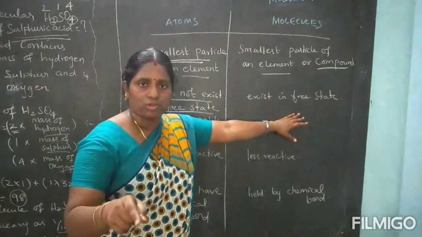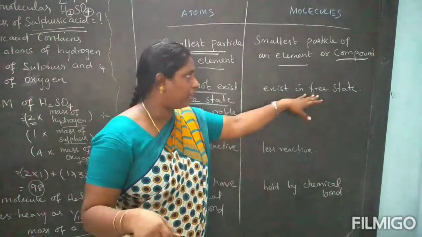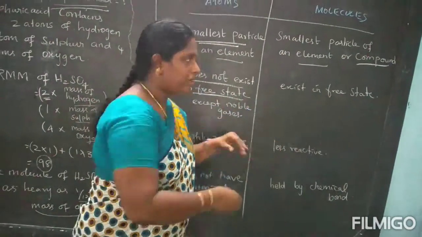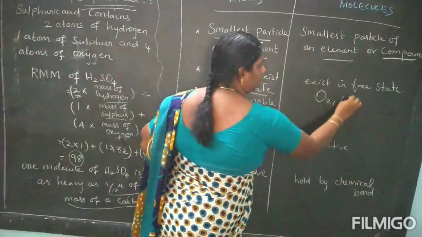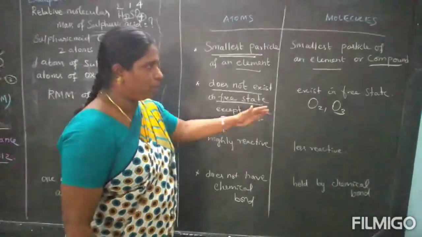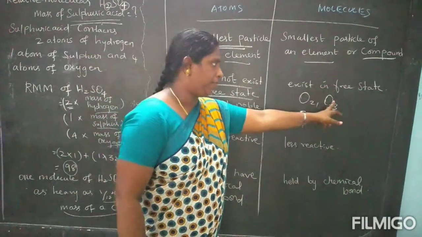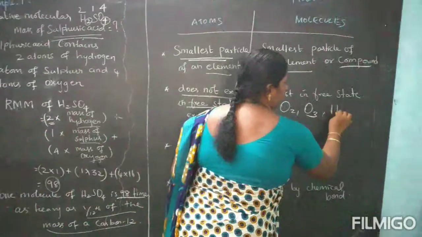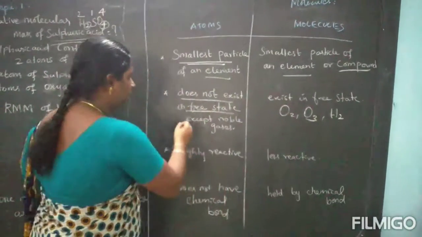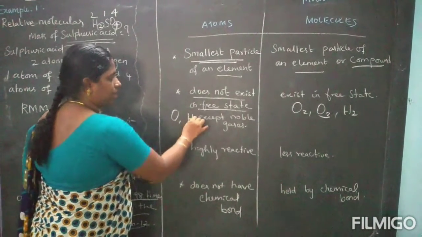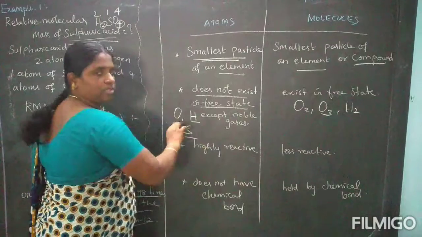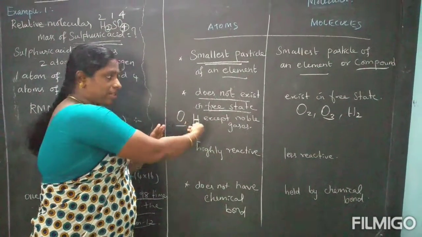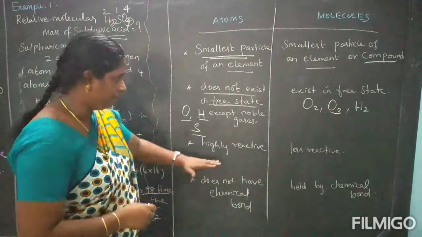So oxygen O2, ozone O3, like that exist in the free state. For example, you write oxygen O2, ozone O3, then hydrogen H2. So they exist in the free state. But single oxygen, hydrogen, sulfur atoms do not exist in this free state.